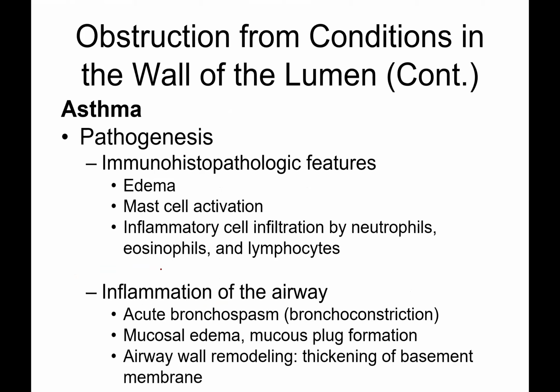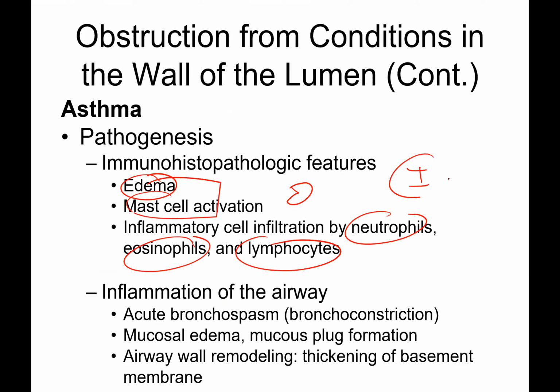You do get edema that comes in, so swelling. You activate mast cells. So in other words, Pac-Mans come in, like neutrophils and eosinophils and lymphocytes, because once you start the inflammatory process, you're going to recruit a lot of things.